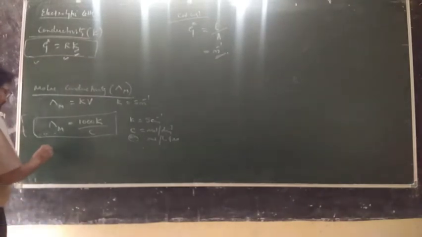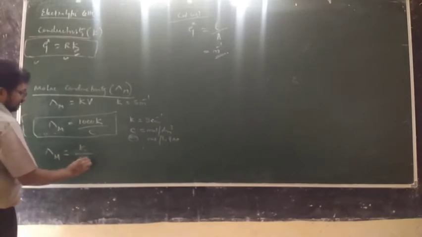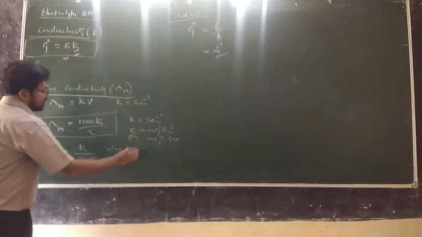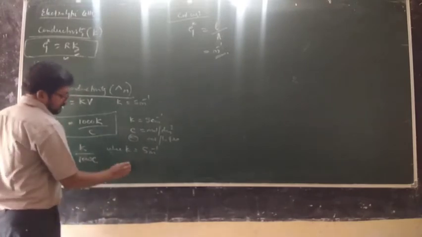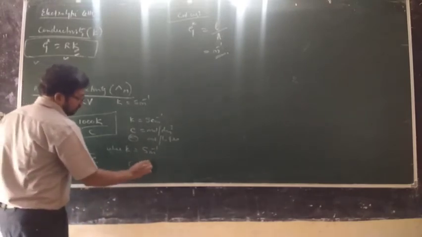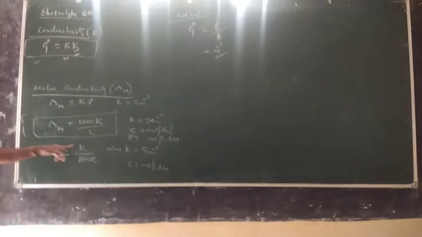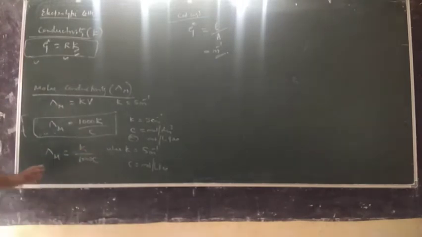Suppose another formula is right: K divided by 1000 C, where K will be in SI, S m^-1, and concentration is in mole per liter. Suppose if this is in the SI unit, when you change the concentration to mole per decimeter cube, this is the formula supposed to be used to calculate.